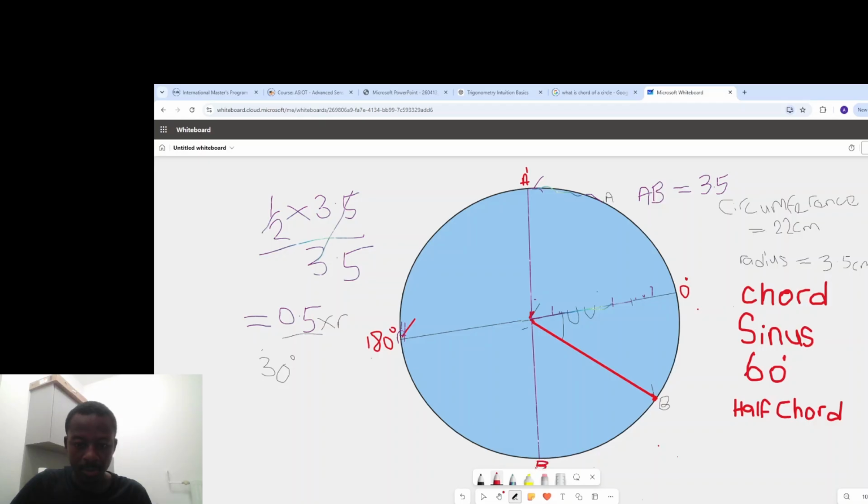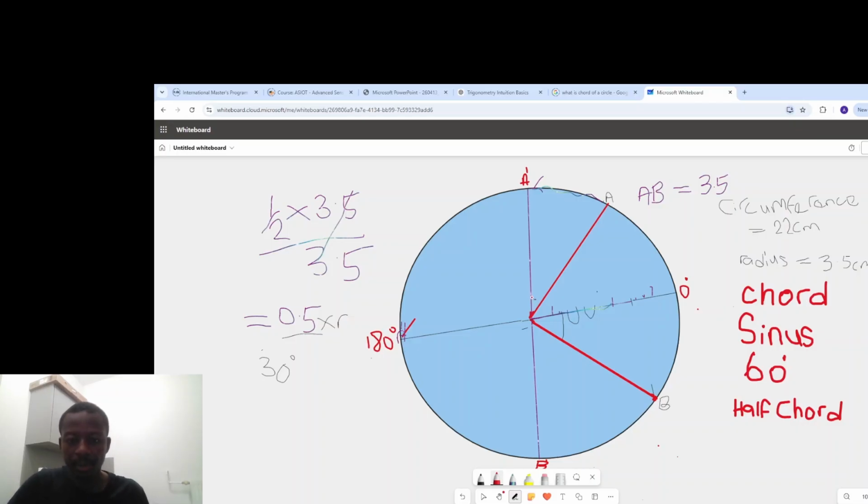I'll label here B prime. Okay, now we have A and B, and we have A prime and B prime. These are our new positions.